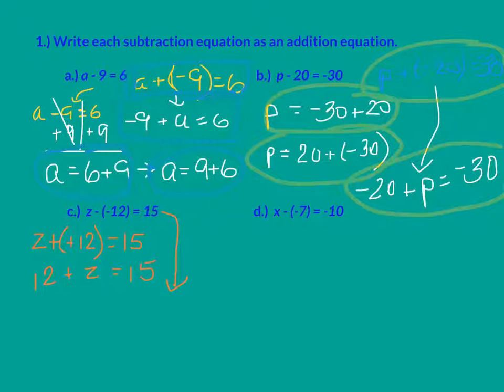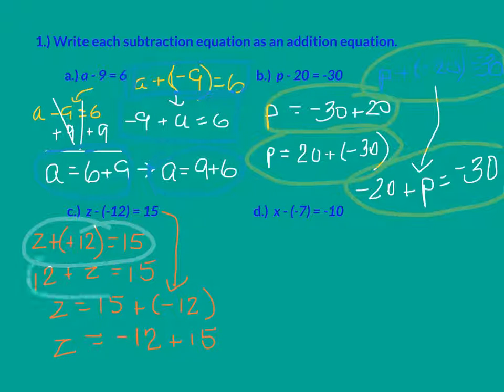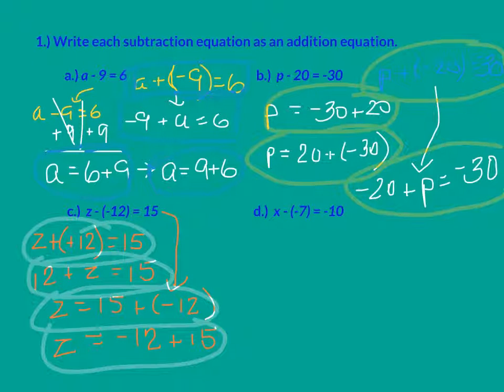So that would switch the sides. So Z would equal 15 plus negative 12. And if I switch the places of those two, I'd have Z equals negative 12 plus 15. So again, I've got 1, 2, 3, 4 different ways to show that one.